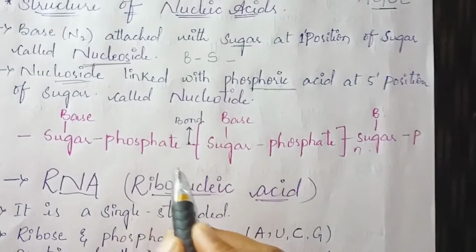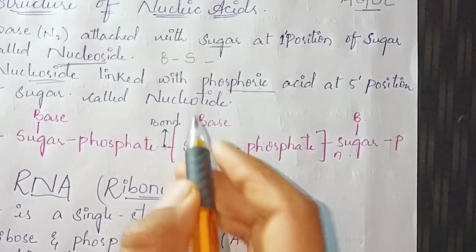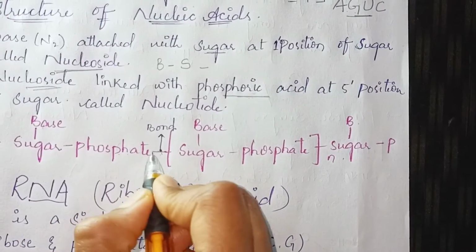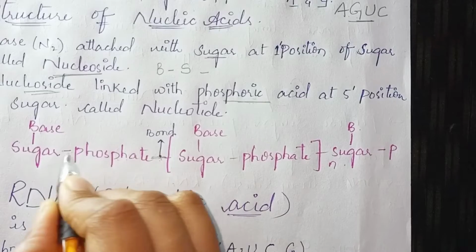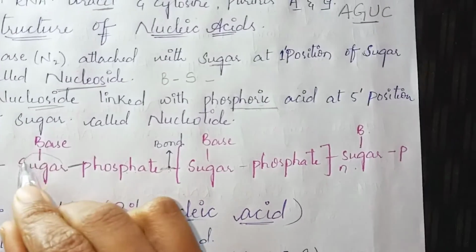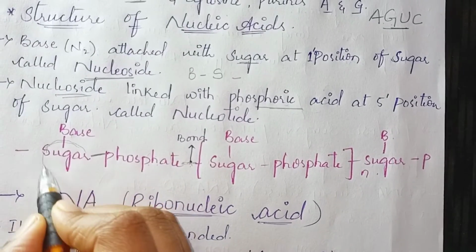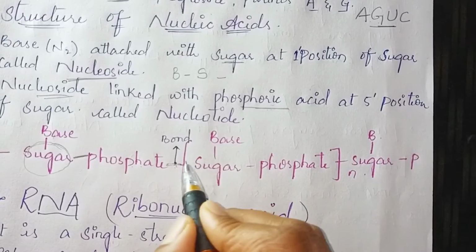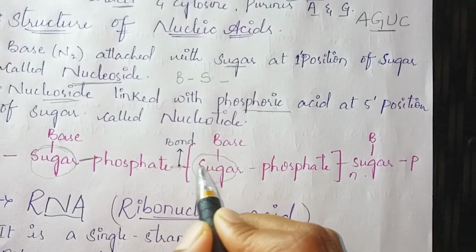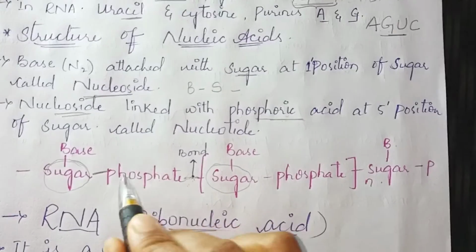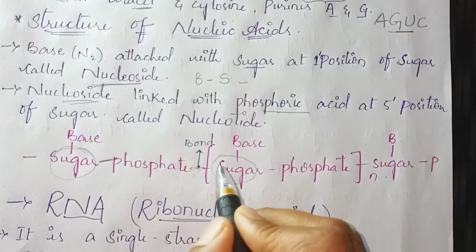See, this is the phosphoric acid which is forming the linkage between the 3 prime of one sugar and the 5 prime of another sugar. This is nothing but the bond between the two, that is the phosphodiester bond.